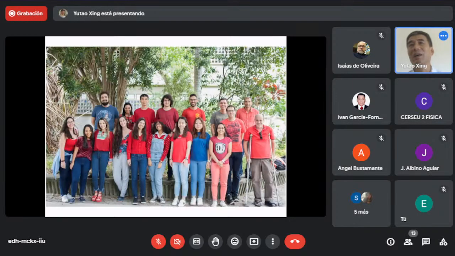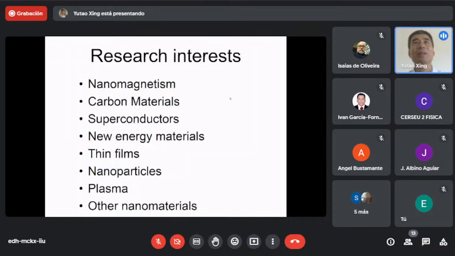This is our old photo taken in 2019, out of our building. We have different research lines and interests, for example nanomagnetism, carbon materials, superconductors, new energy materials, thin films, nanoparticles, plasma, and other nanomaterials.